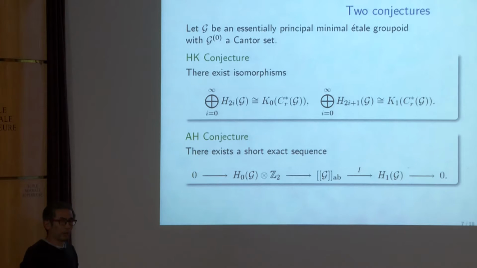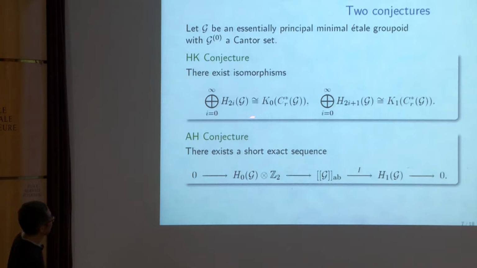Okay, so now I have introduced the objects which I need, and I make two conjectures. So I'm considering an essentially principal, minimal, étale groupoid with the unit space a Cantor set. And the first one is the HK conjecture, which says there exists an isomorphism between homology and K groups.